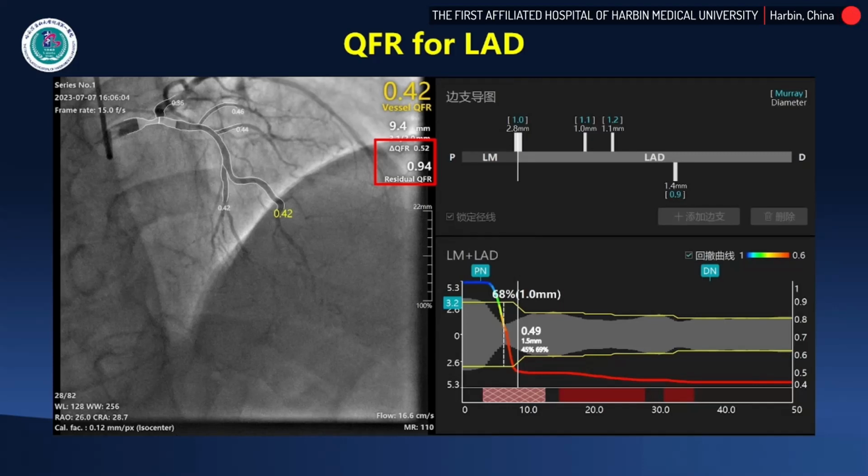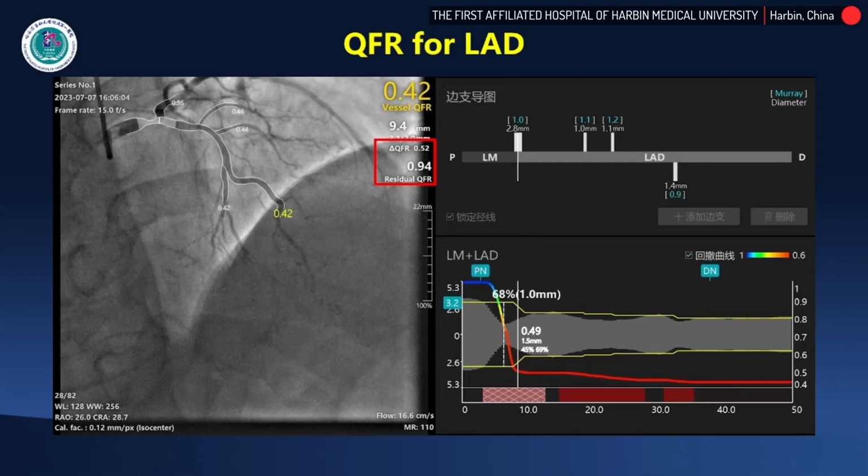The QFR for the LAD in this patient is 0.42, so we should treat the lesion. The QFR platform also gives a virtual stenting suggestion. The AI suggested a short stent from the left main to the proximal LAD, and the residual QFR after stenting could be 0.94.